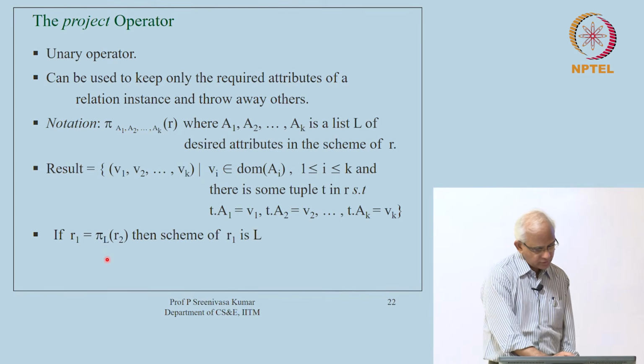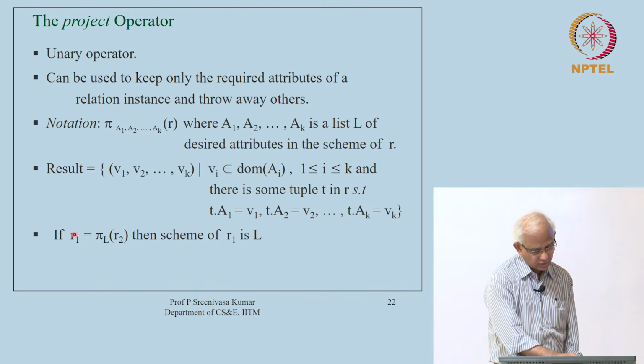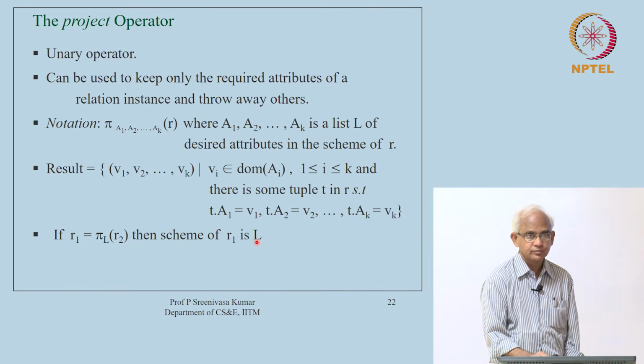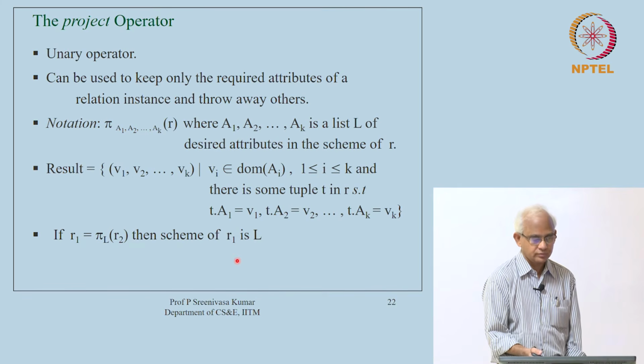So, before we go further, if R1 is the new relation name we are introducing and then assigning it as this one pi L R2, then basically we are calling this pi L R2 as this new relation R1, then the scheme of R1 is L, the projection list.